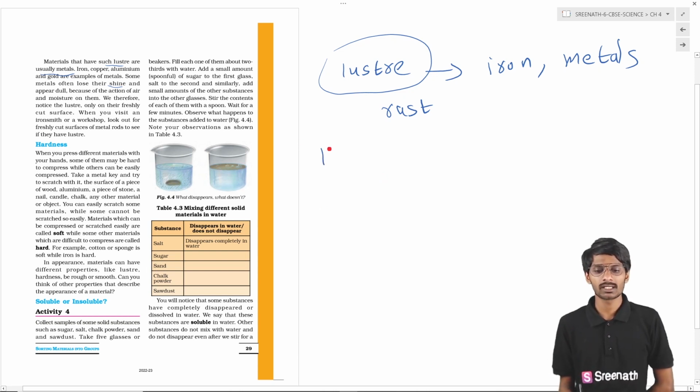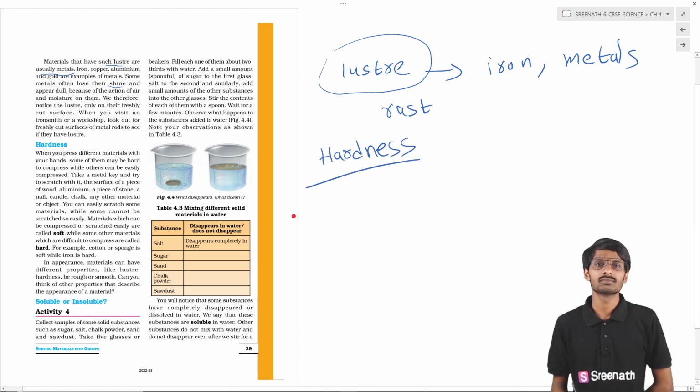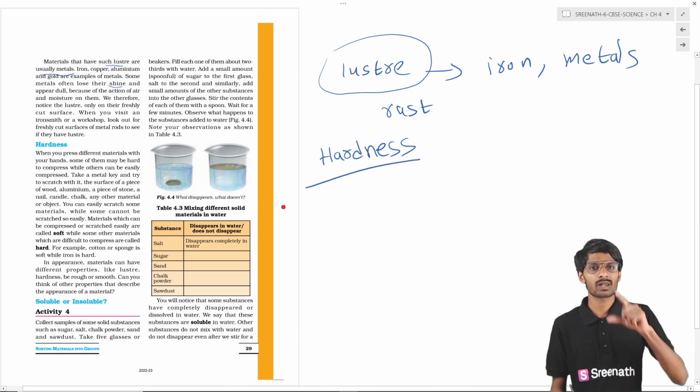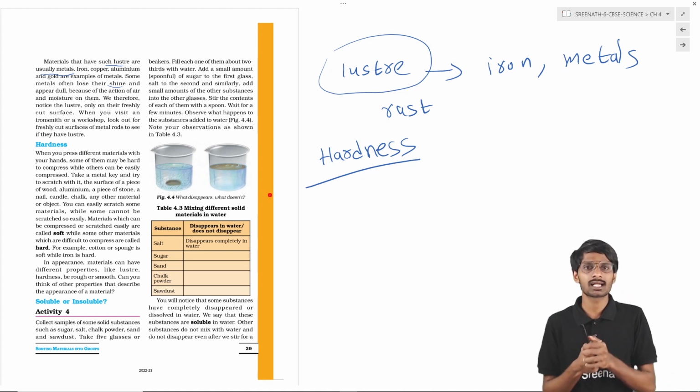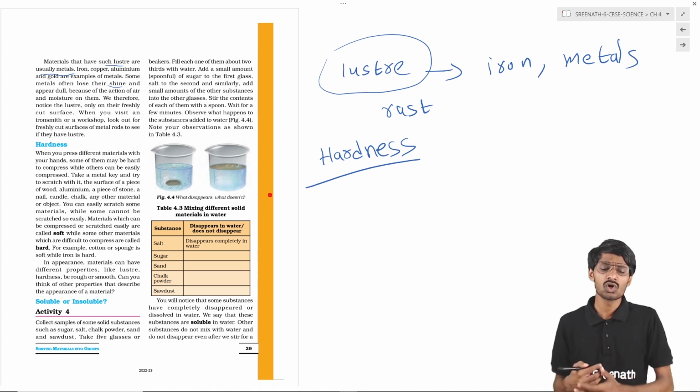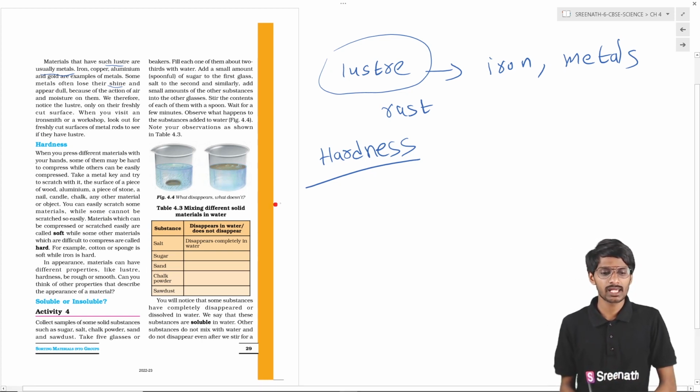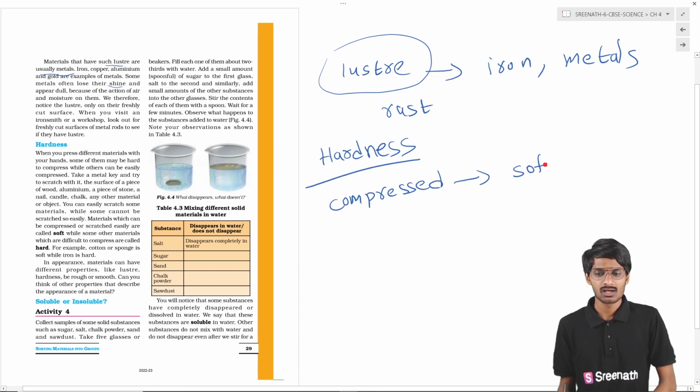And another property is hardness. If you press some materials with your hand, they will bend or they will be compressed. But some materials you can't bend or compress. The materials which can be compressed or scratched, we call soft.